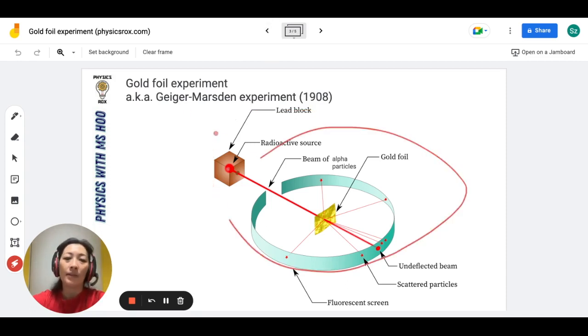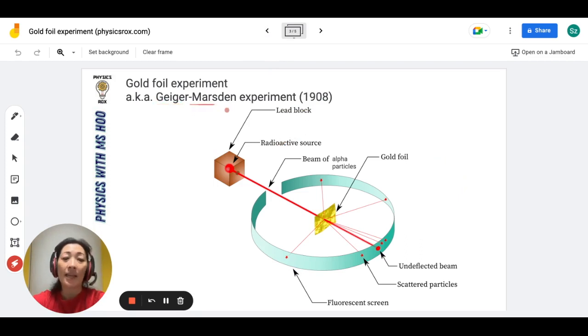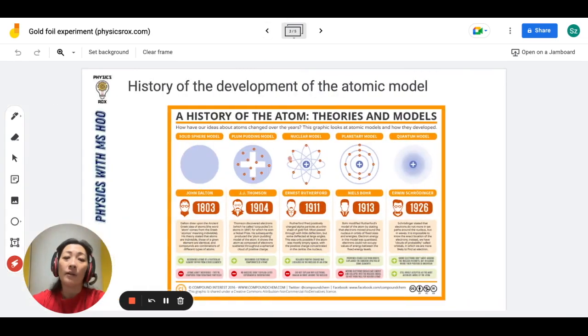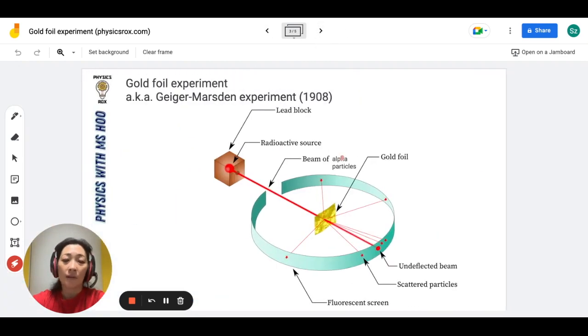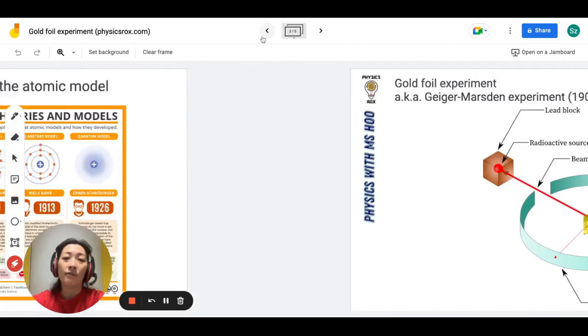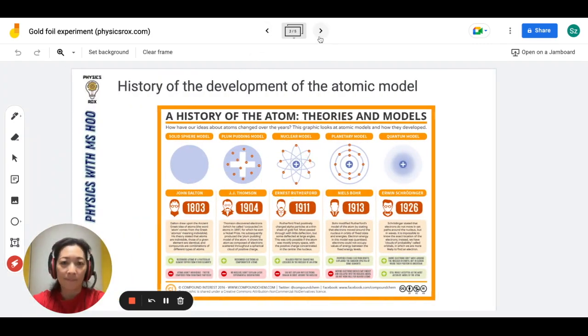This experiment was developed by the two research assistants. That's why the experiment is named after them. Of course, the model was developed under the guidance of Rutherford. That's why this is Rutherford's model. So his assistants, Geiger and Marsden, constructed the experiment that led to this discovery.